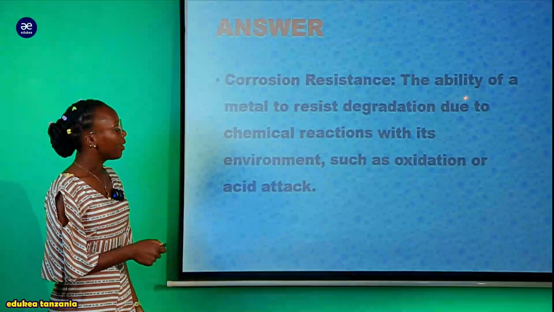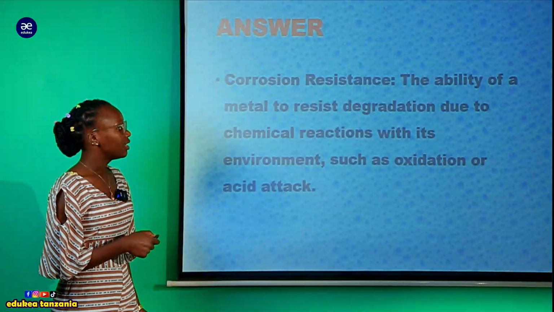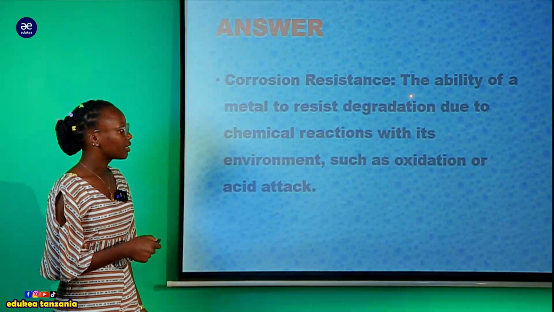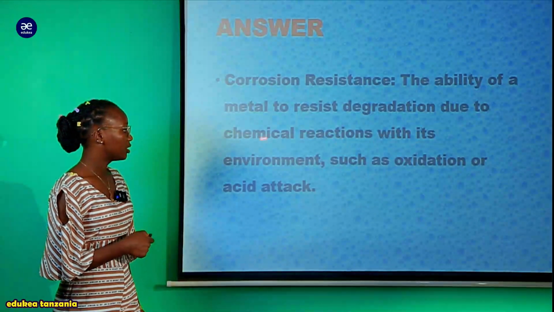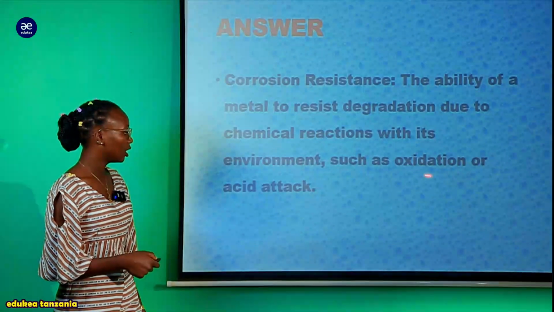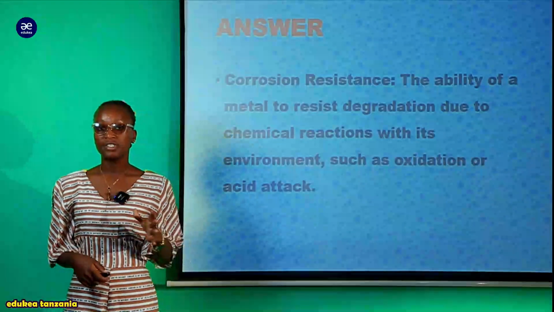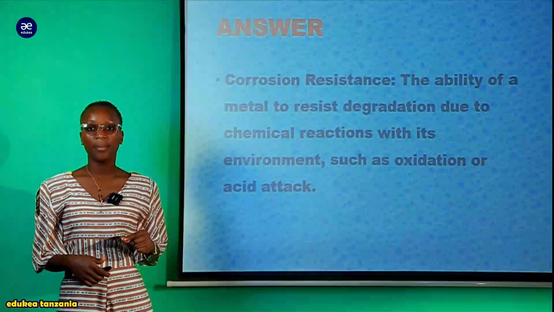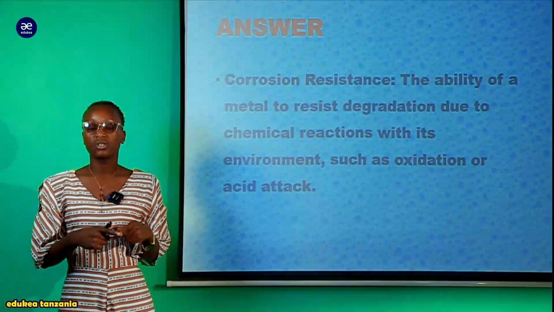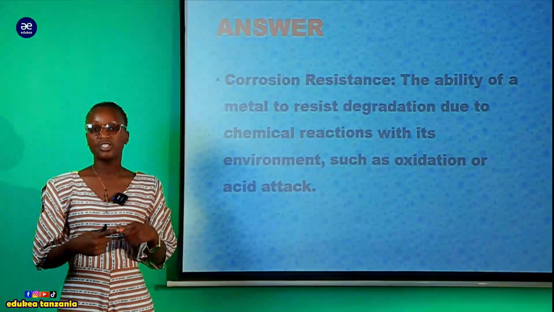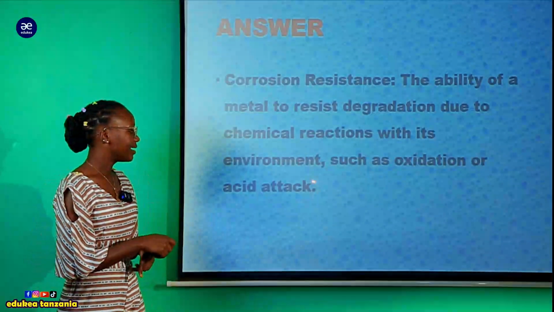For instance, the ability of the metal to resist degradation due to the chemical reaction with its environment, such as oxidation or acid attack. Kwamba utaona kwamba some of the metals, particularly those iron metals, utakuta kwamba zinakuwa attacked with those oxidation properties, oxidation reaction, acid attacks.